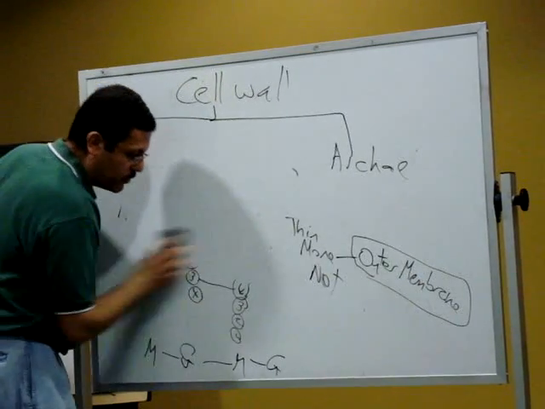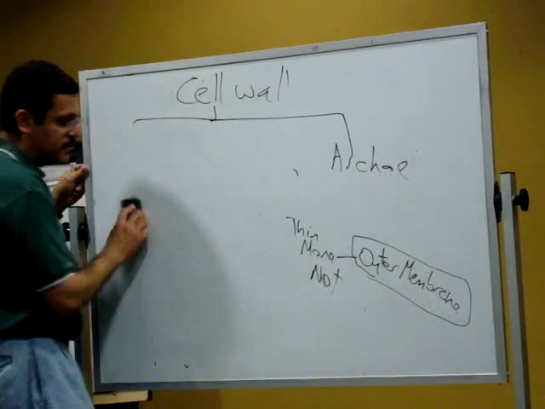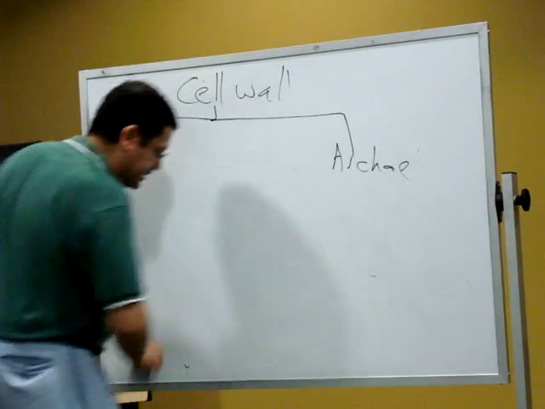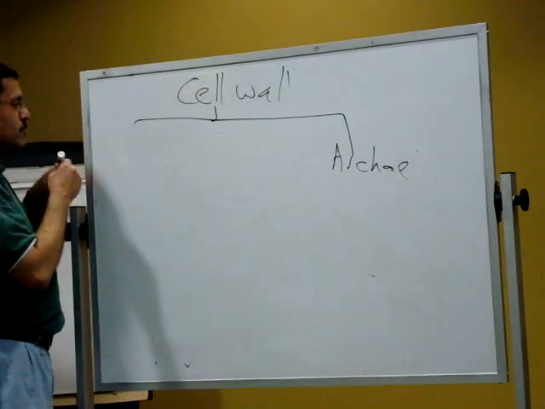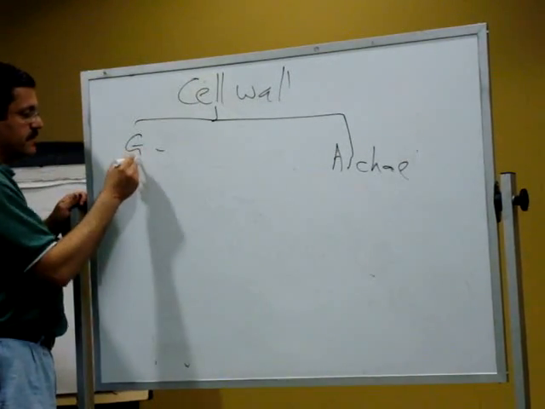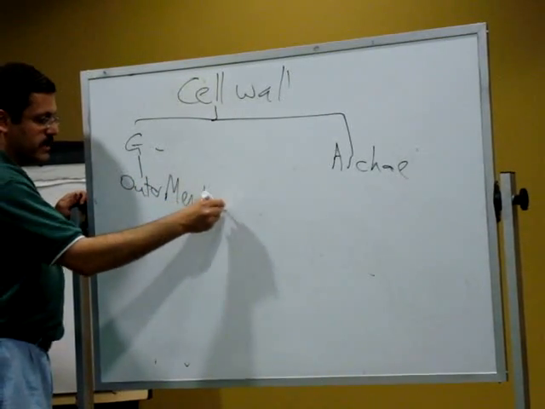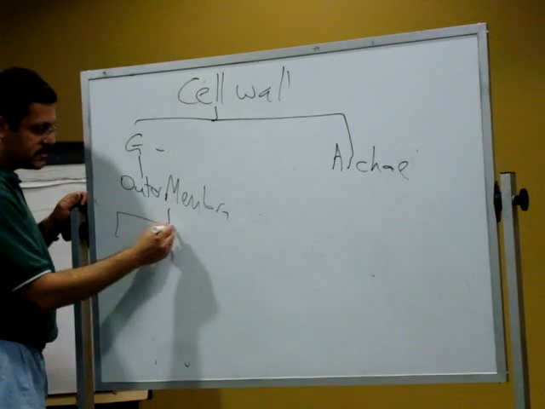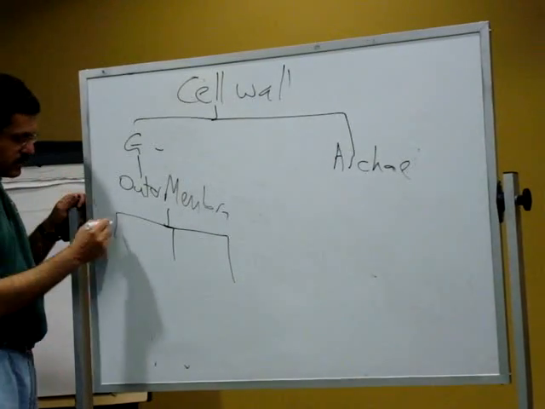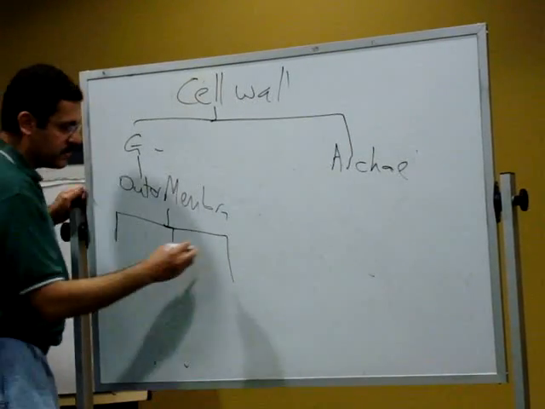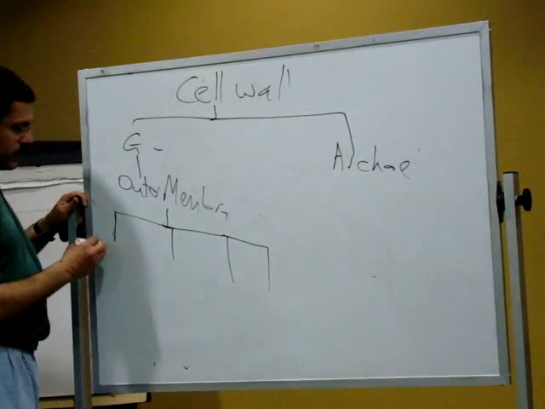So then you might want to go into, again, a summary of the outer membrane. And here again, there are many branches. So gram-negative, we talked about the outer membrane. It has many parts. There are many things associated with it.